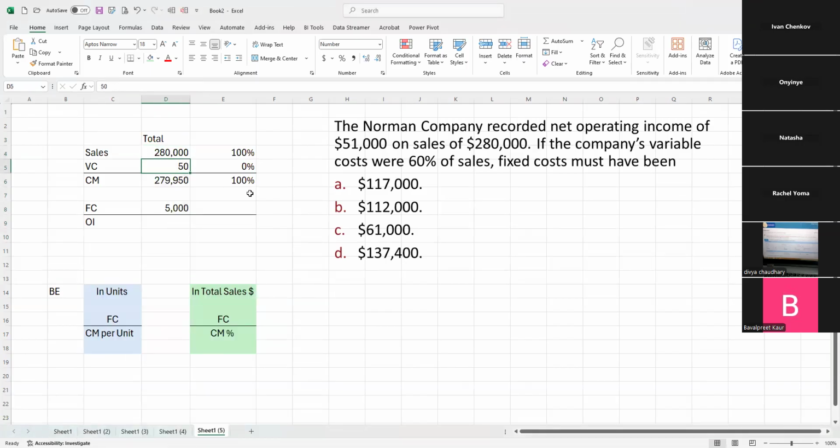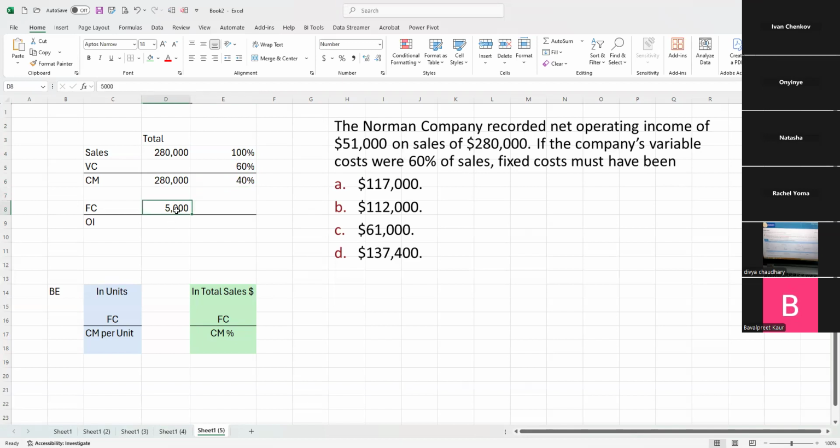What else do I know? We know variable cost is 60% of total sales. So if my variable cost is 60%, do I know my contribution margin? 40%. 100 minus 60 is 40%. Okay? And what else do I know? Nothing, right? Okay.